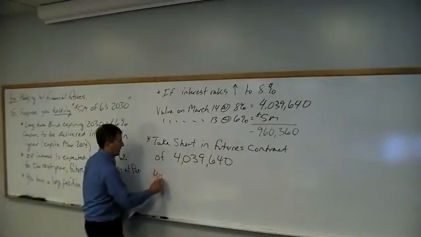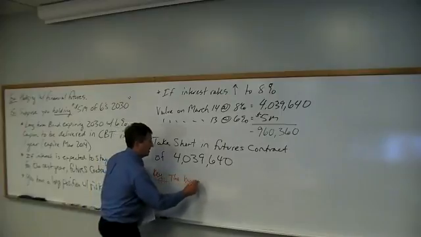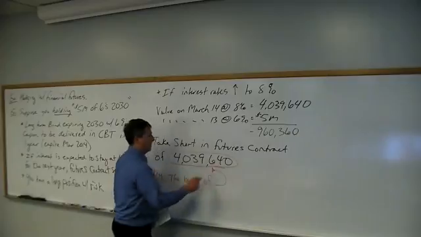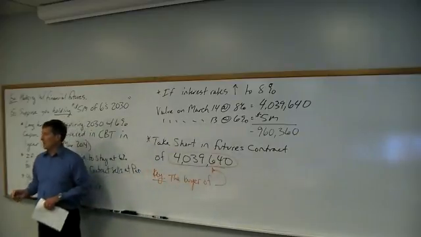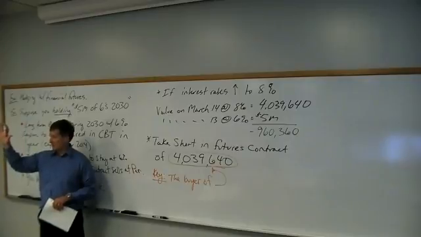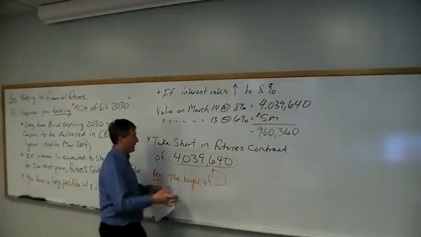So the key point is that the buyer of that financial instrument agreed to pay you $5 million. So now the loss is going to be theirs.